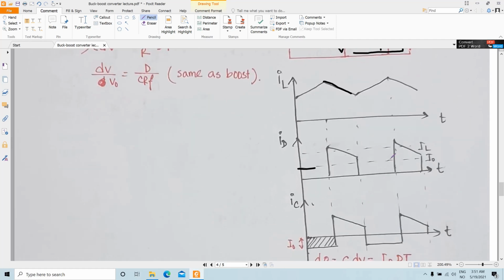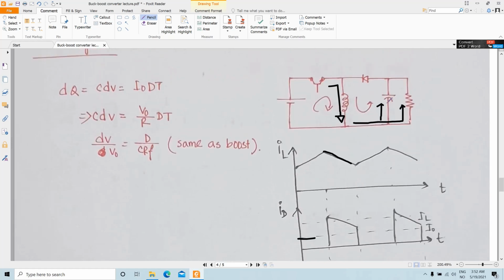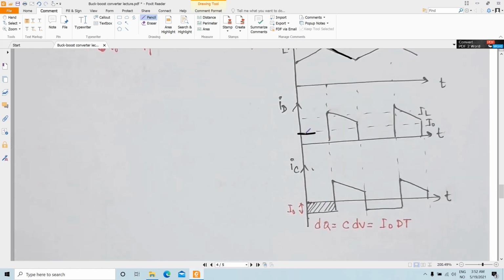So if you subtract I out from ID, then you get your IC. The capacitor current is basically ID minus your resistive current here. So minus I naught here, and then this is just the subtraction.